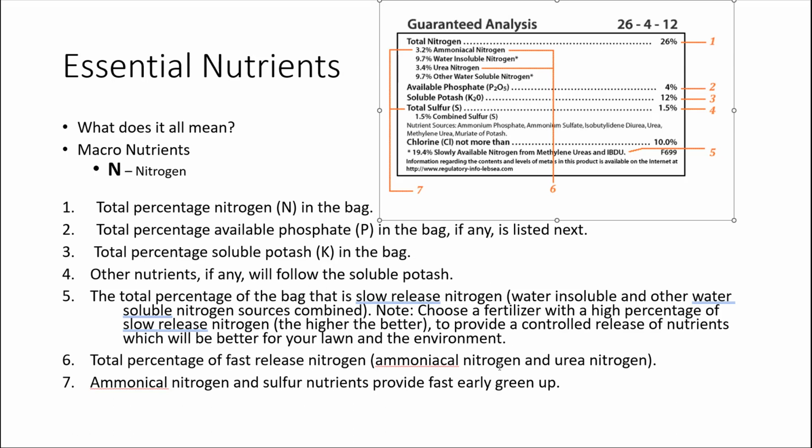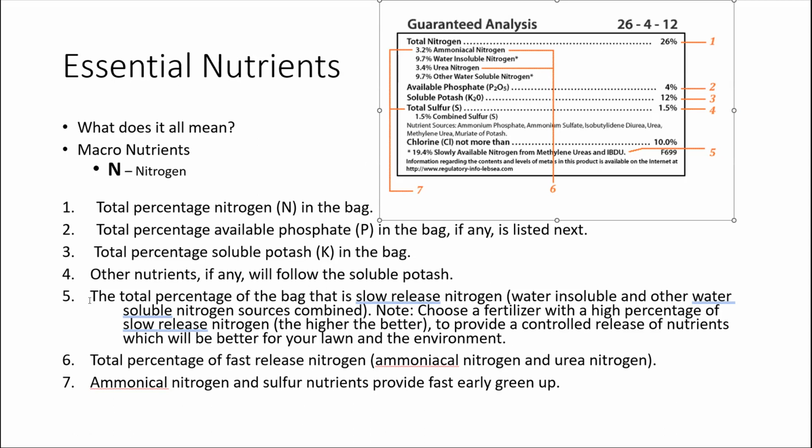But if we're talking strictly about the health and performance of the plant, this is a really good fertilizer for use in really early spring, late winter. It essentially gets that grass to green up relatively quickly using a combination of immediately available ammoniacal nitrogen and sulfur.